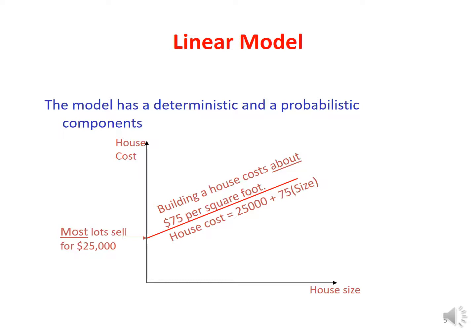And you can make a relationship saying house cost is 25,000 plus 75 multiplied by the size. So house cost is determined by two factors. One is a constant, which is 25,000, and the other is a variable which varies with size. So building a house costs about $25,000 plus 75 into the size of the house. Such a linear relationship can be set for the house price.